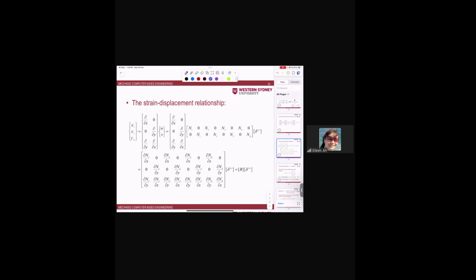Now, back to the strain matrix. The strain matrix is calculated by using the differentiation in terms of variables X and Y, right?